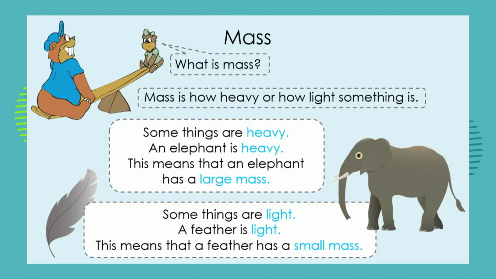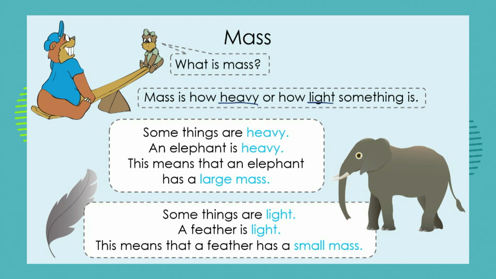What is mass? Mass is how heavy or how light something is. So the two important words are how heavy or light something is. Some objects can be easily lifted or picked up and others can't. They have different masses.